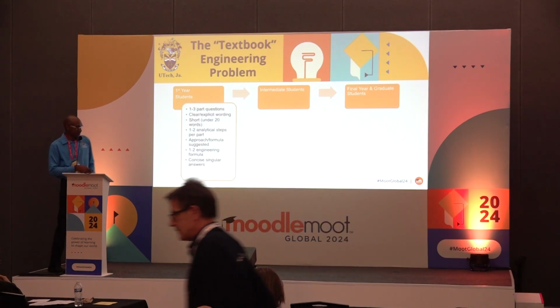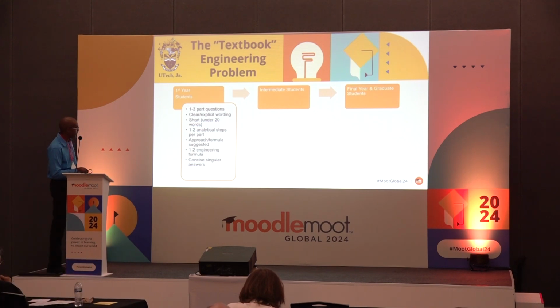At first, an engineering module or course may give assignment questions that have one or two parts, very explicit, very clear questions, sometimes with the approach to solving the question clearly stated in the question, because these are younger students and you're trying to hold their hand through a problem. You may even suggest a formula or hint, more than a hint sometimes, at the formula, and there's a clear answer.